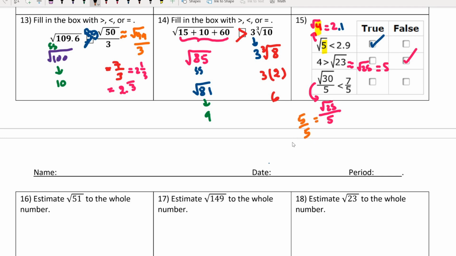Then 7 divided by 5 gives you 1.4. I'm so sorry, it's 1.4. I'm not good at doing things in my head; I need to write it down. So 1 is less than 1.4, which is a true statement.